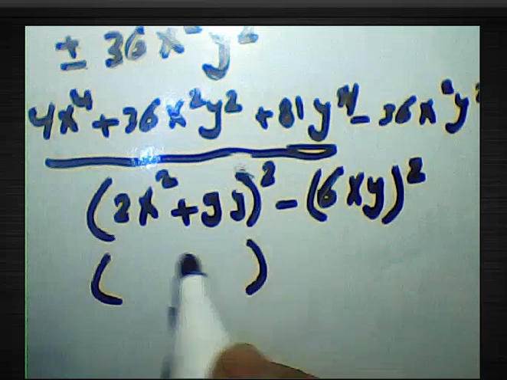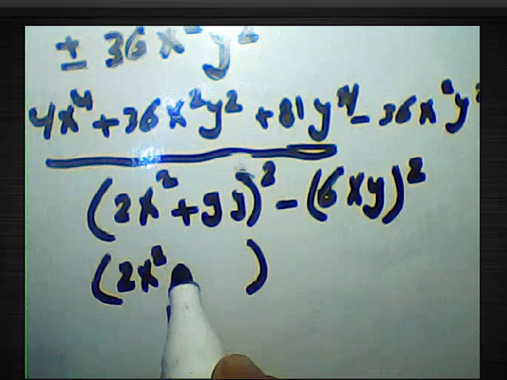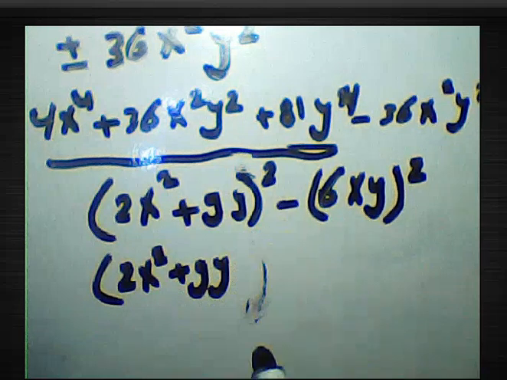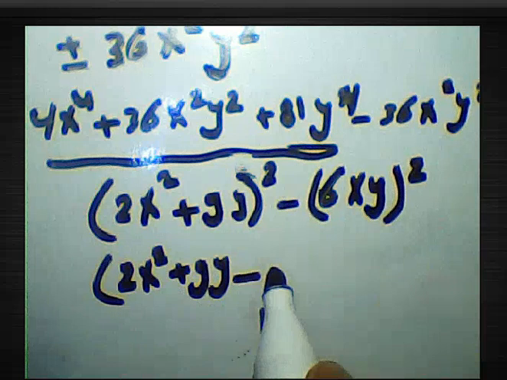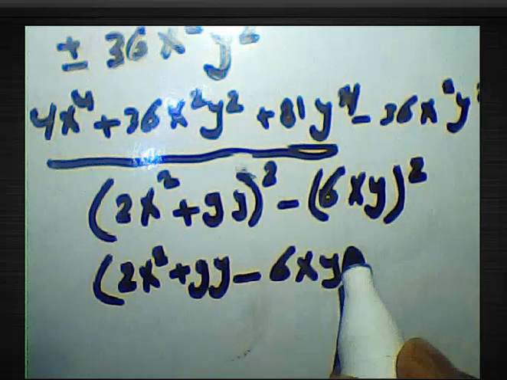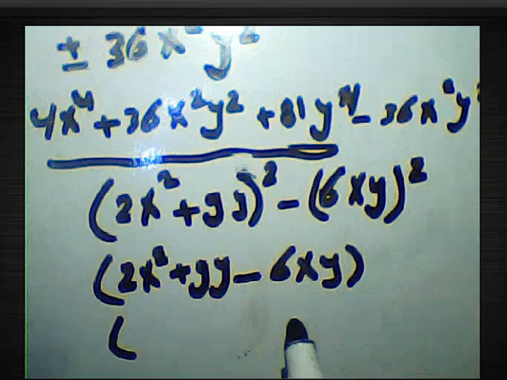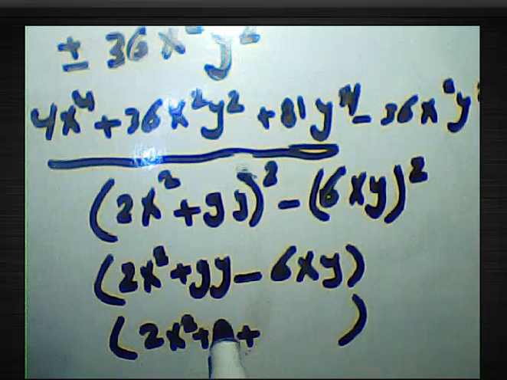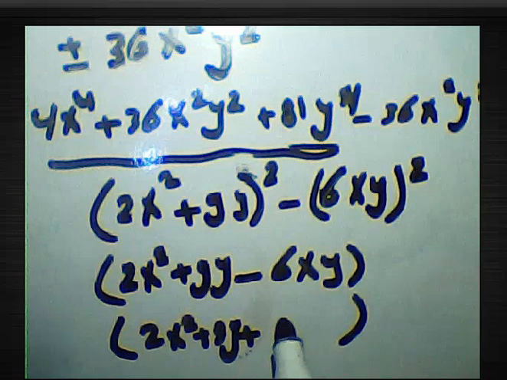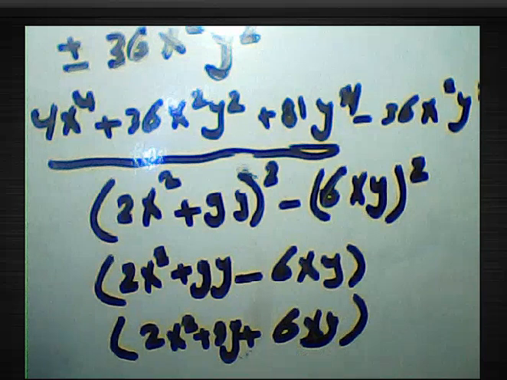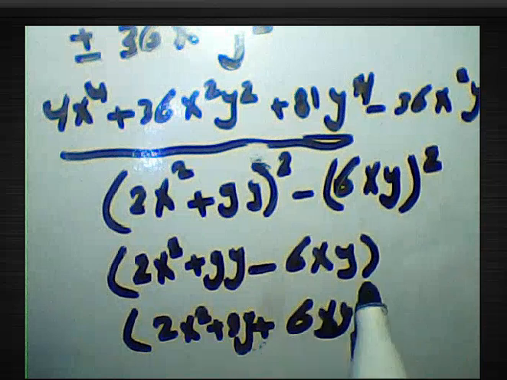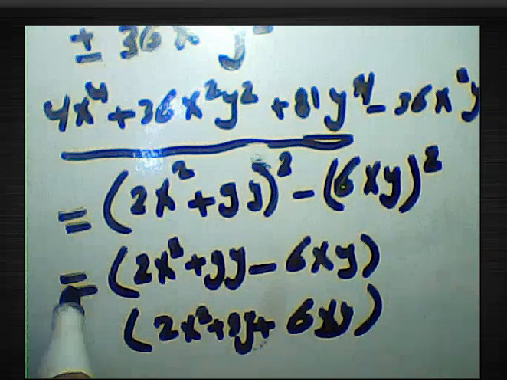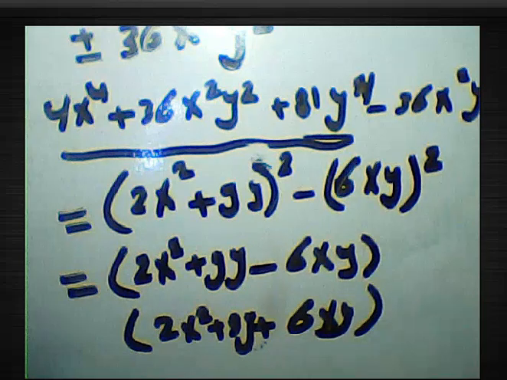Right, (2x power 2 plus 9y power 2 subtract 6xy) multiplied by (2x power 2 plus 9y power 2 plus 6xy). Okay, this is the result, the multiplication of the first and the second.